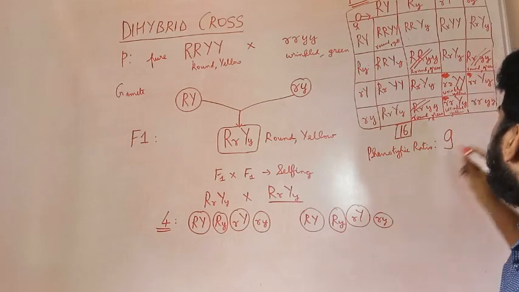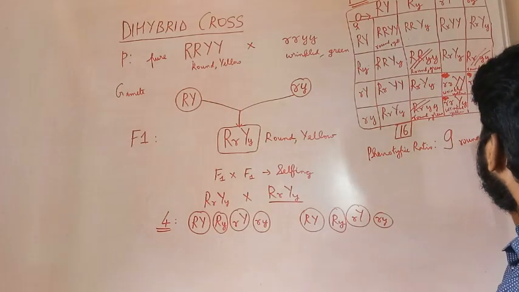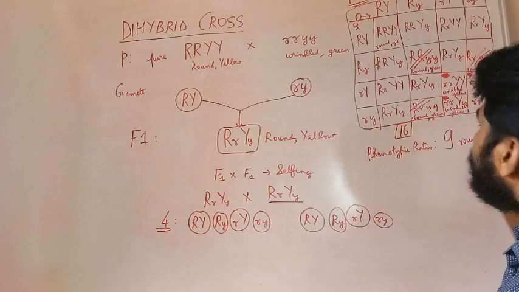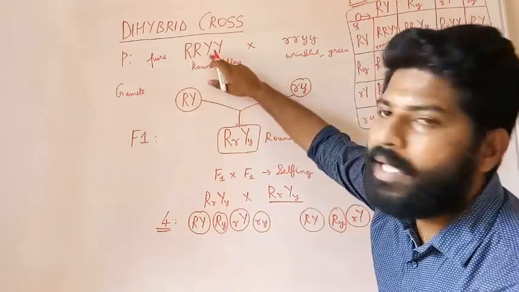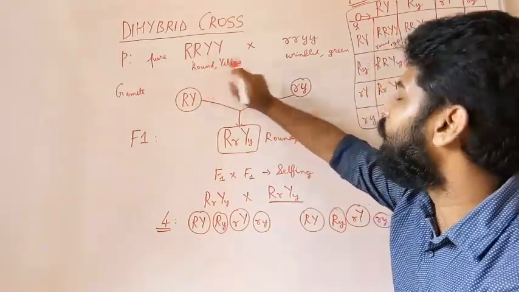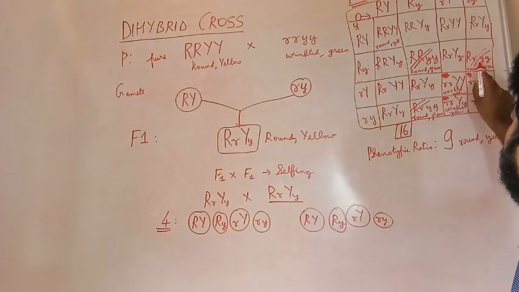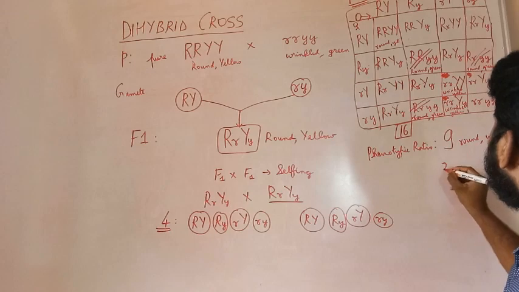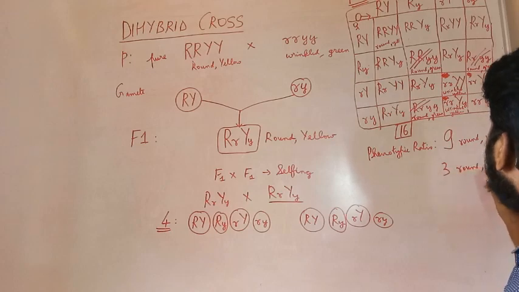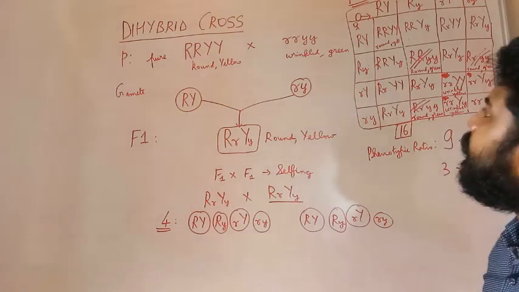So there are 9 round yellow, which is similar to the parent. Parent was also round yellow. Then we have 1, 2, 3 round green. There are 3 round green.